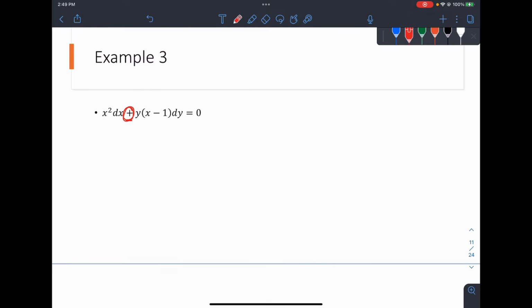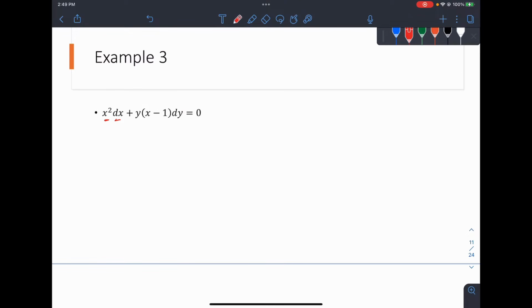As long as the differential dx is multiplied with x squared, and the differential dy is multiplied with y. But then what can we see here? At the left, the differential dx is multiplied with x squared.